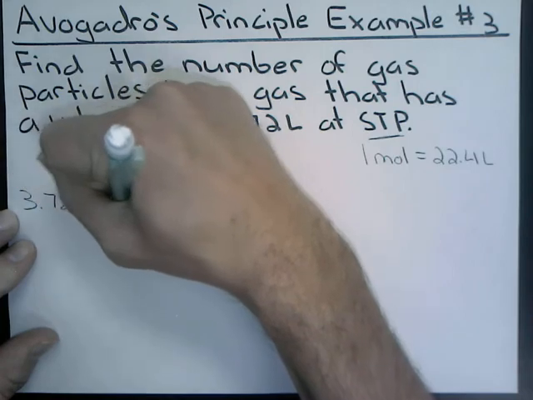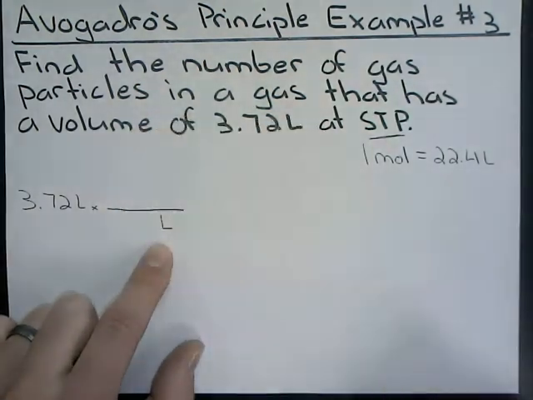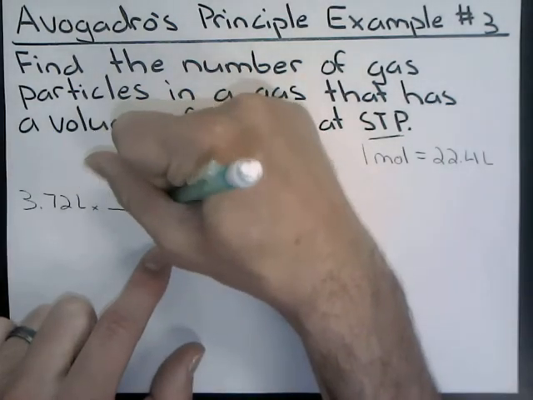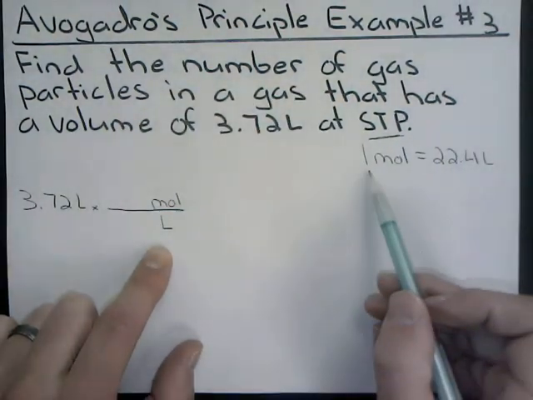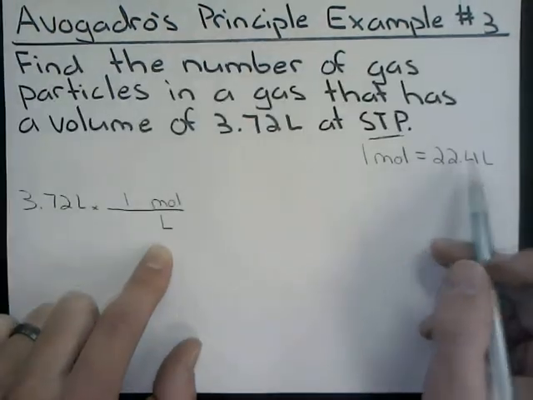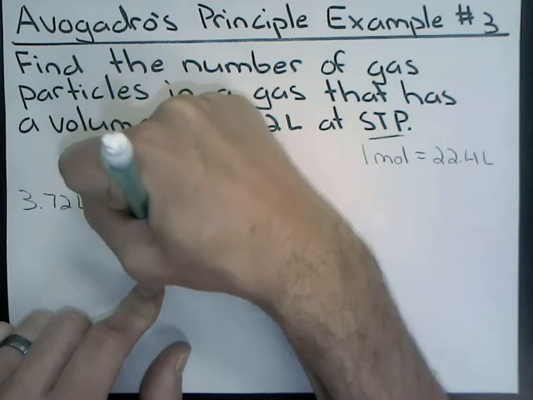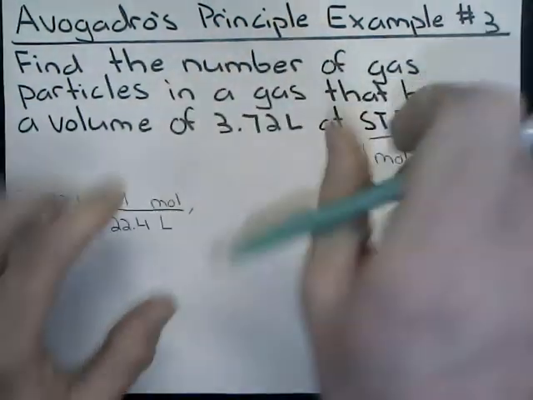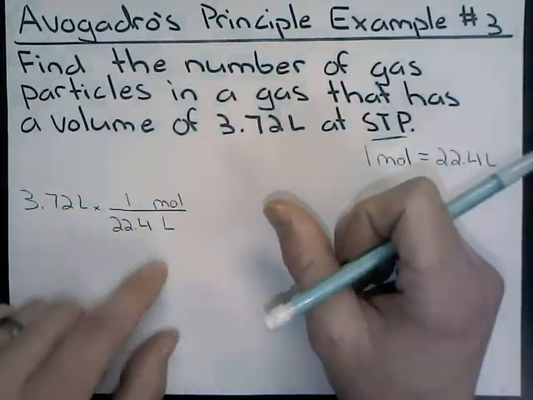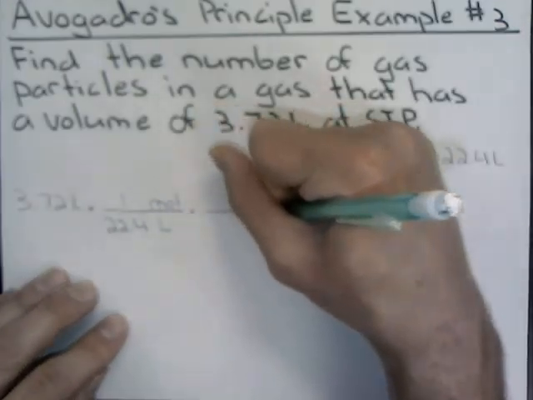And the first thing that we're going to need to do is we're going to need to cancel liters. And we got to go to moles, okay? Now, the number associated with moles here in our conversion is 1. The number associated with liters is 22.4, okay? We're not quite done because, hey, the problem said the number of particles. So we're going to need another conversion.